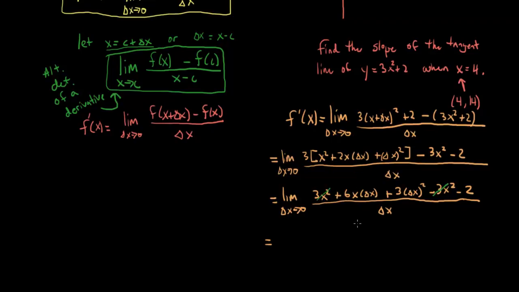Now, I failed to even say why I'm doing all of this. Why did I go about, at this point, not just trying to evaluate this limit by direct substitution? Because if I plug in a 0 for delta x, well, I have a division by 0, and that can't work.